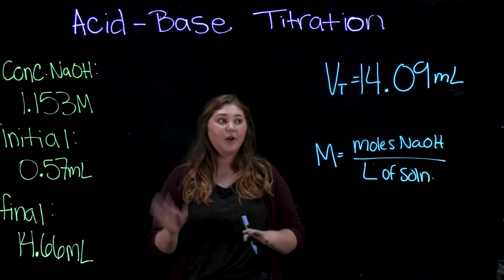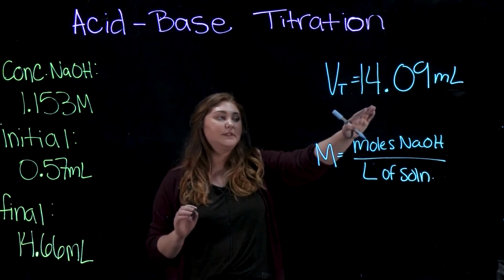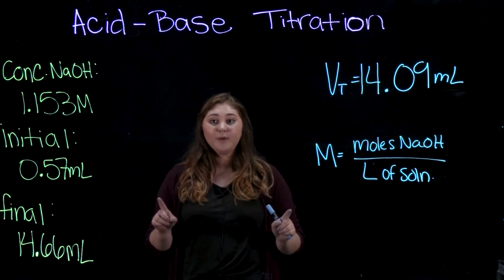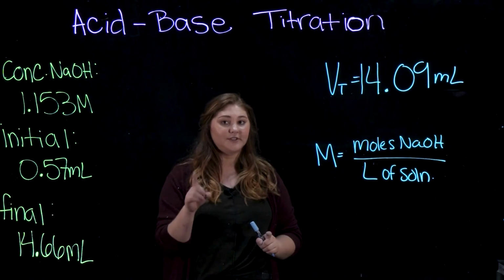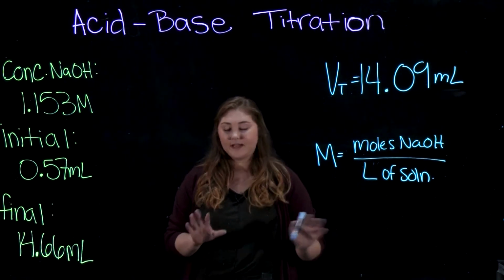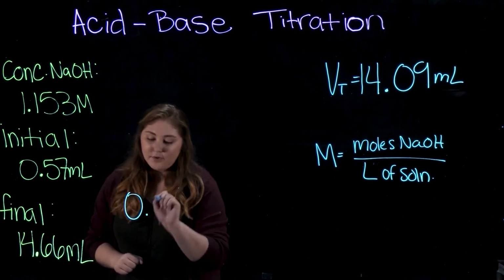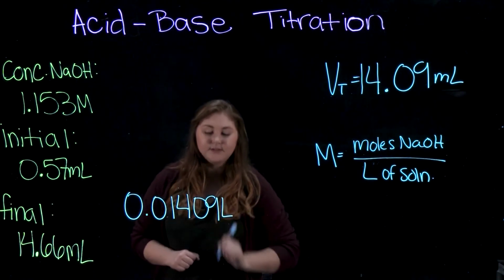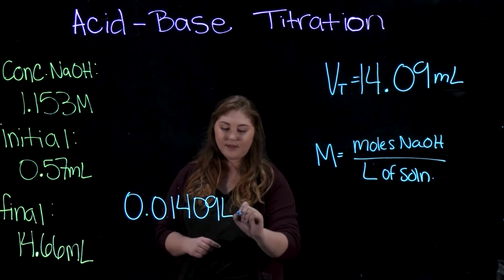From our data, we know that we used 14.09 milliliters of that sodium hydroxide solution. But before we begin our calculation, we've got to make sure to take that milliliter value and turn it into liters. So we can say that we used 0.01409 liters of our solution.